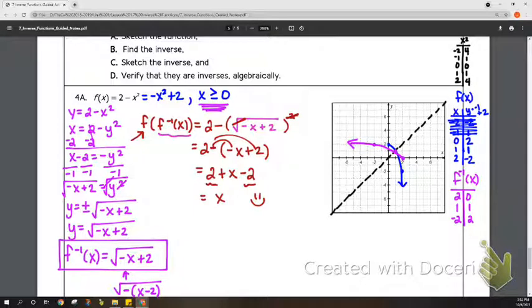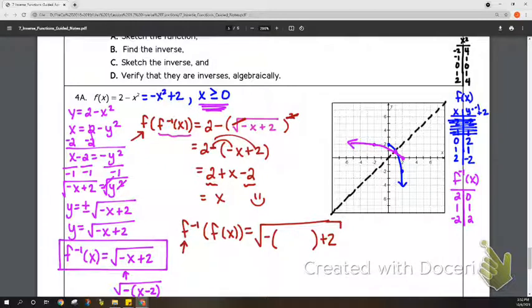All right, but then remember, you have to do the reversal one. You have to take the inverse of f of the original. So because the inverse of f is on the outside, that means our function that we found, our inverse, is our skeleton. So it's the square root of negative x plus 2.